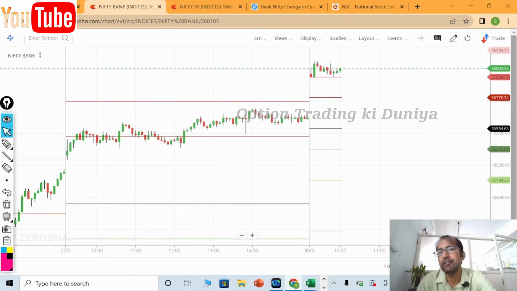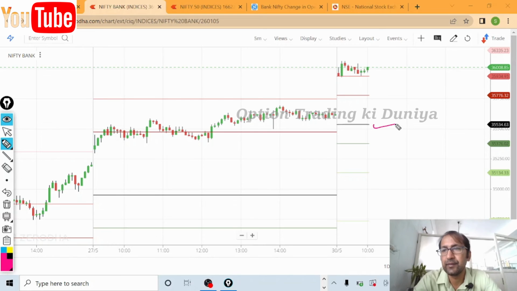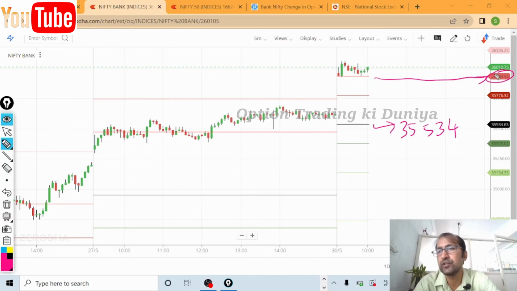Even Bank Nifty has opened with a big gap up. Central pivot is around 35,534. We are trading above the resistance of 35,934, and clearly closing above 36,000.